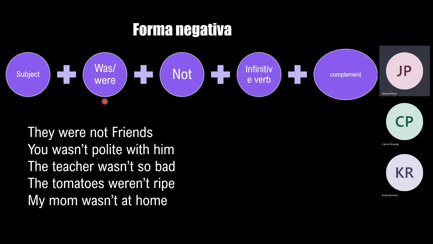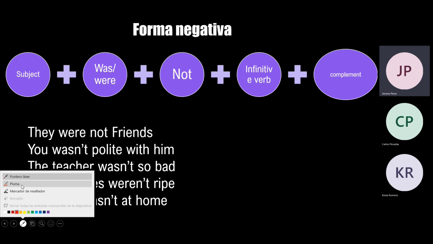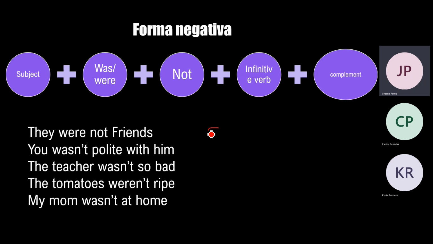Pero si yo no quiero usar el was, were y quiero usar otro verbo diferente, yo nada más voy a usar el siguiente verbo. Yo no escribo was o were. Yo voy a usar un auxiliar como en el presente simple. En el presente simple nosotros usamos el auxiliar do, y lo escribimos do siempre y cuando sea sujeto I, we, they and you, right?